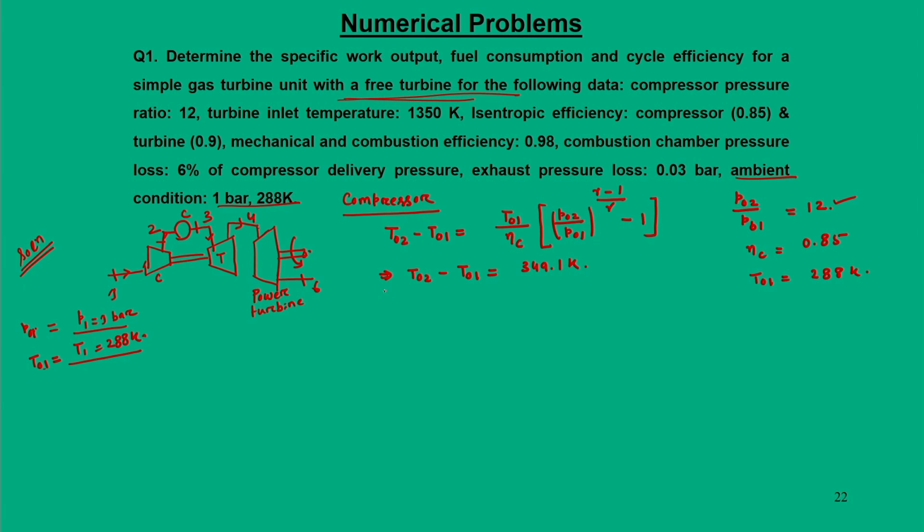So from this we can find out the compressor work: Cp times T02 minus T01, and these two are given. Cp we can take as 1.005 kilojoule per kg Kelvin, and we require the turbine work.